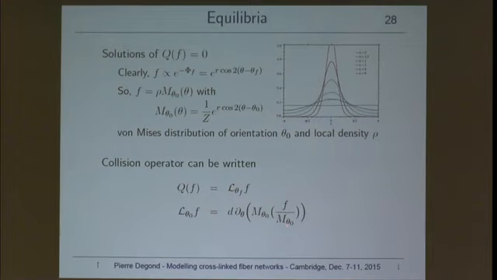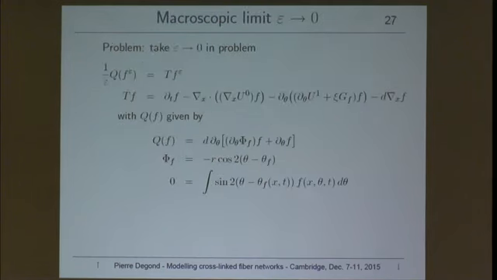I'm missing a d theta here. So I get this operator depending on theta 0, and the collision operator, which is nonlinear, is this operator applied when theta 0 is equal to the mean nematic angle of f. So there is a nonlinearity, but it is just encoded into a moment of f, which is this mean nematic angle defined by this.